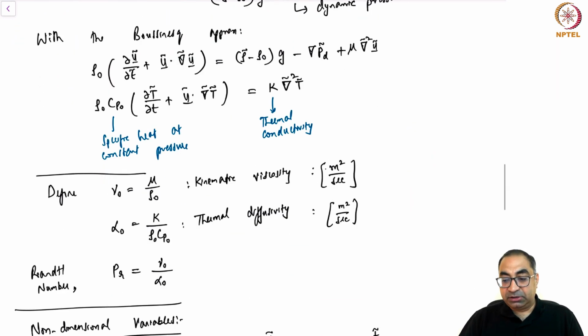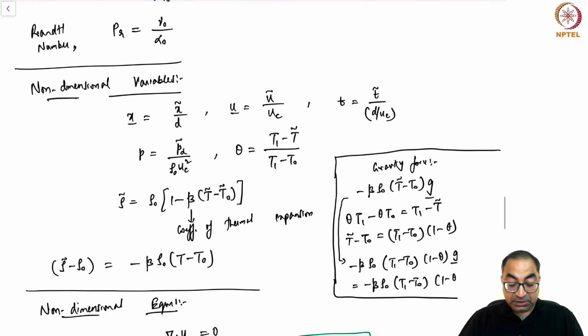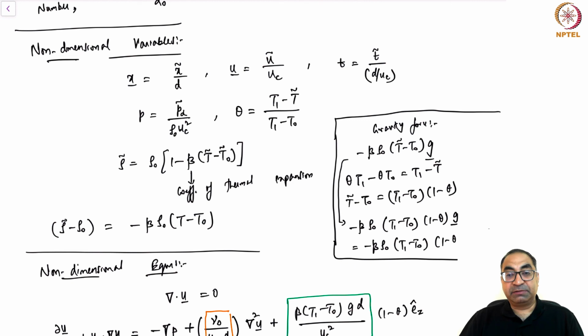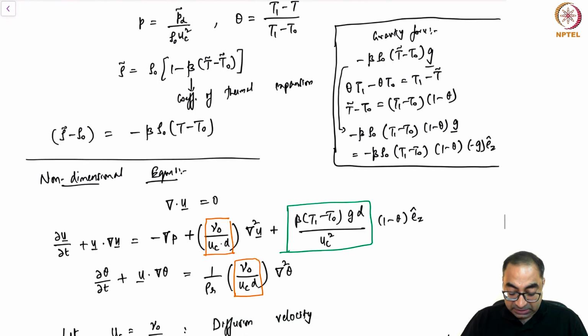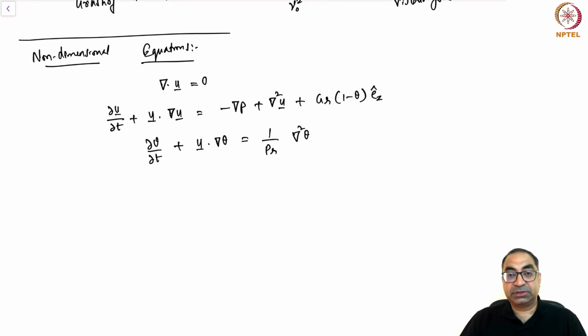Then we have defined some new parameters, primarily the thermal diffusivity alpha naught and the non-dimensional Prandtl number, which is a ratio of kinematic viscosity to thermal diffusivity. And then non-dimensional variables have been defined. We've assumed the linear variation for density with temperature, and we then derived the non-dimensional form of these equations.